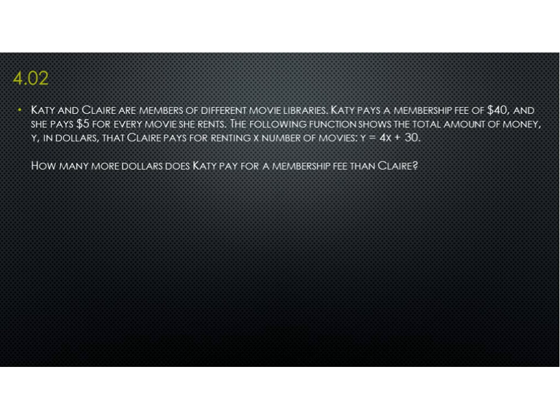So what we have to do here, we have to make an equation that represents Katie's membership. So we know that Katie pays $40. This is her initial value. This is her starting point. This is her amount up front that she pays. It's a set amount. It does not change. This is her initial value.